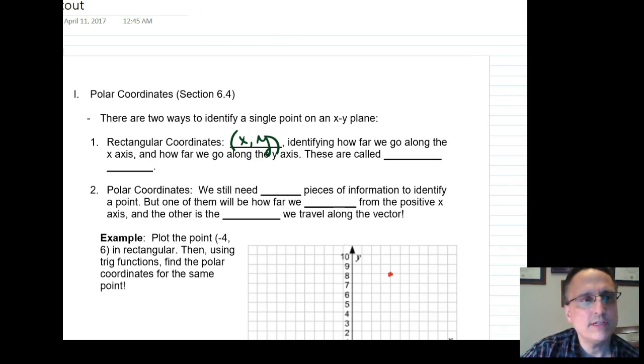It's what we call, as I said, an ordered pair. And you know that when you see an ordered pair, the first number tells you how far to go along the x-axis, the second number tells you how far to go along the y-axis in order to get to that point. And we call these things ordered pairs.